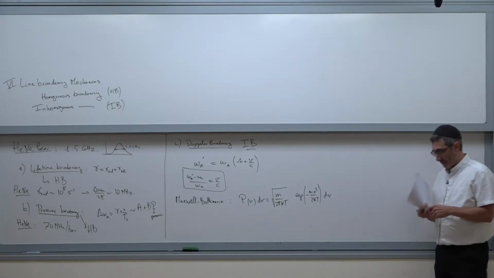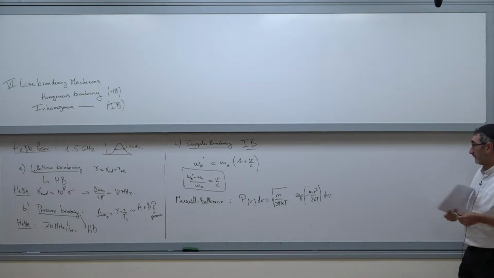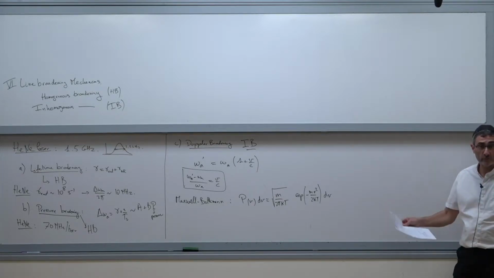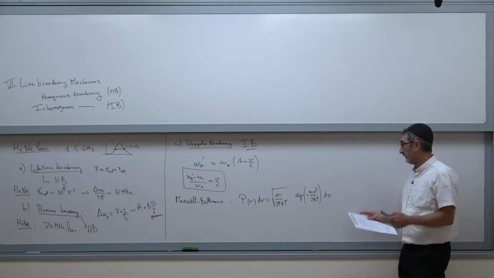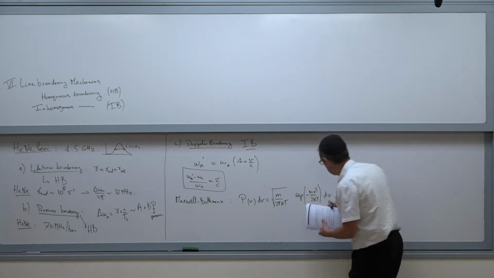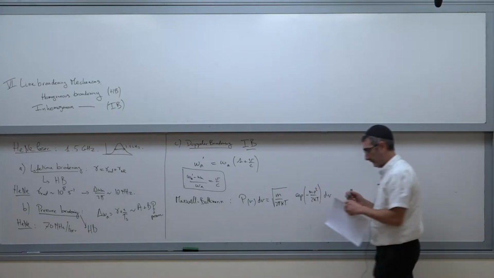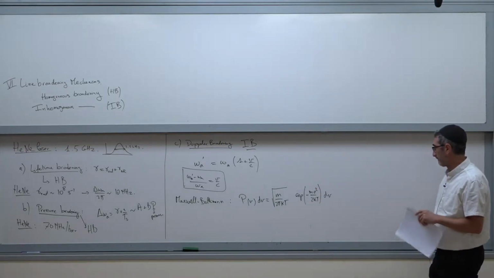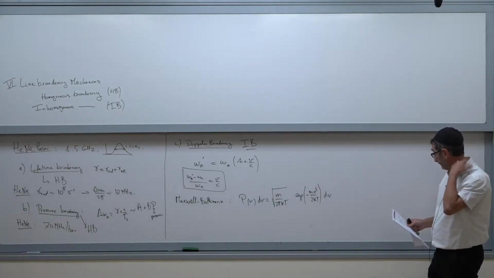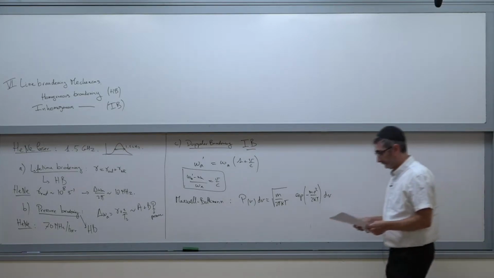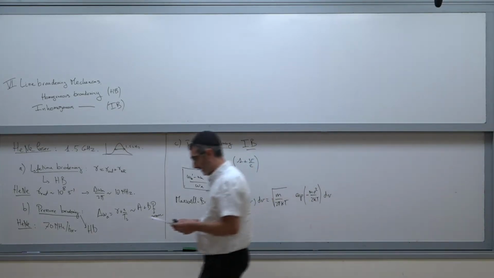That's well known. This is a Gaussian distribution around v equals 0, and we're going to use that.